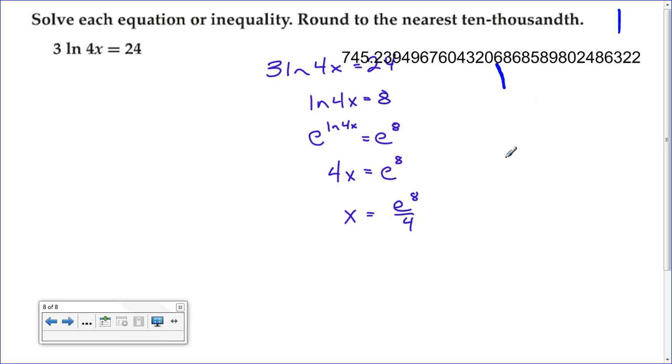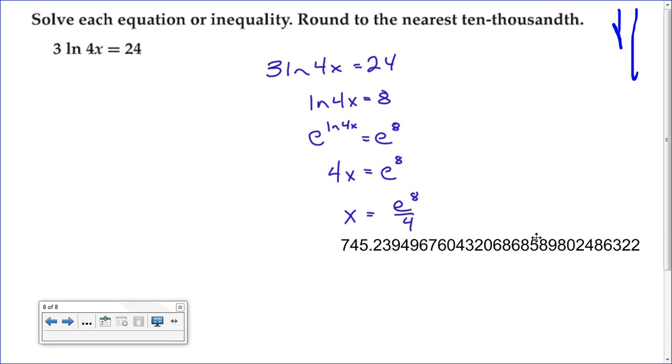I hope you're enjoying this program today. So let's do our approximate sign. x is approximately 745.2395. That's all I've got to show you today about lesson 7.7, working with natural logs and base e.